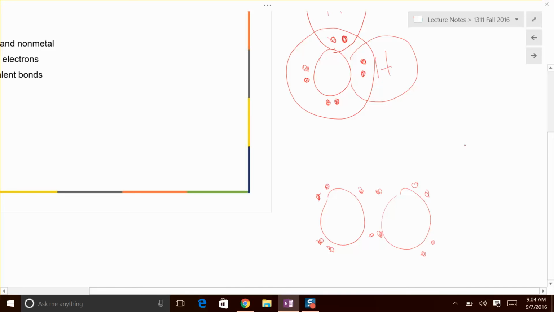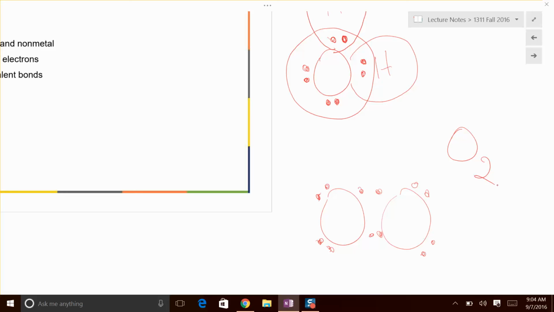You form O2, which is the stuff we breathe. Oxygen doesn't exist all on its own. It doesn't go around with two unpaired electrons. It would be completely unstable, right? It would just react with something if it was like that. So in that form, it becomes reactive.